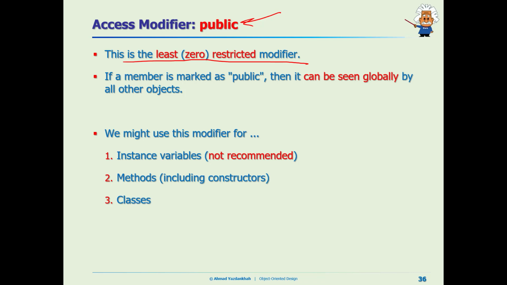It can be seen globally. We can put that on the instance variables, before the methods, and also on the classes as well.